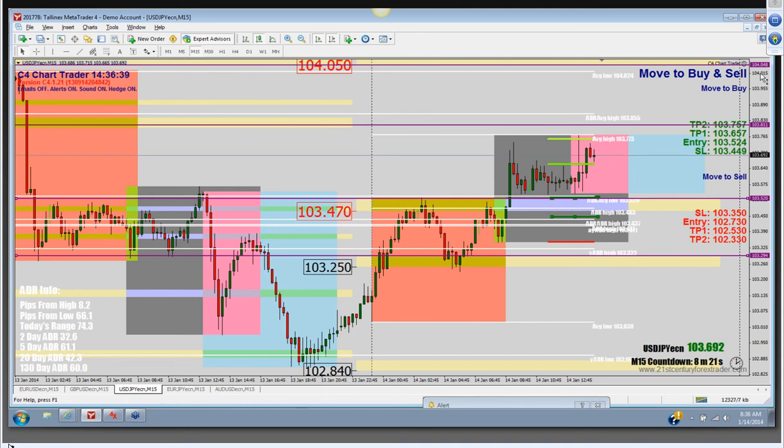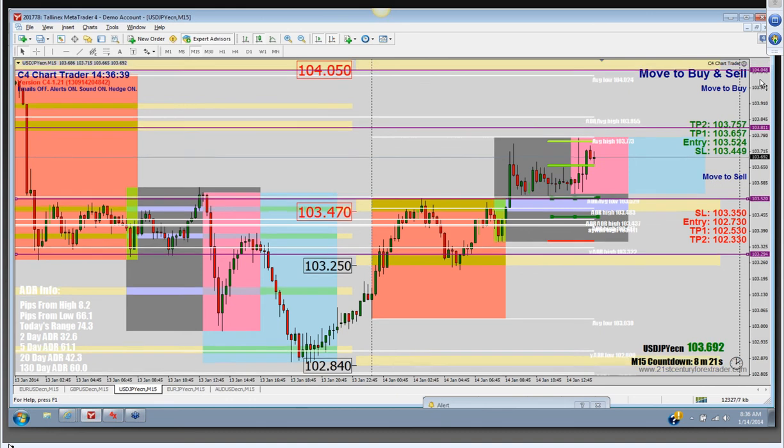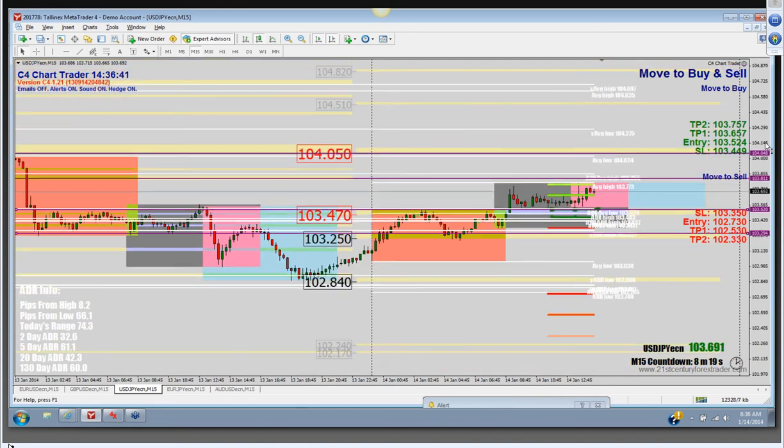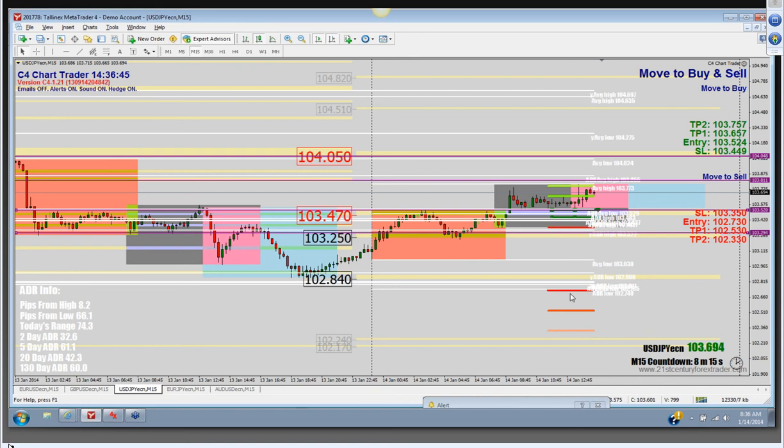And then if we do push to a key level like 104.05, key level, but it's 104, big whole number, 104.5 is just a little bit above that, then if we do push that high, then I would look to sell it off of that and take, even though it's counter trend, take some profit the very first time it got there. So let's just go ahead and do that. Get that set.